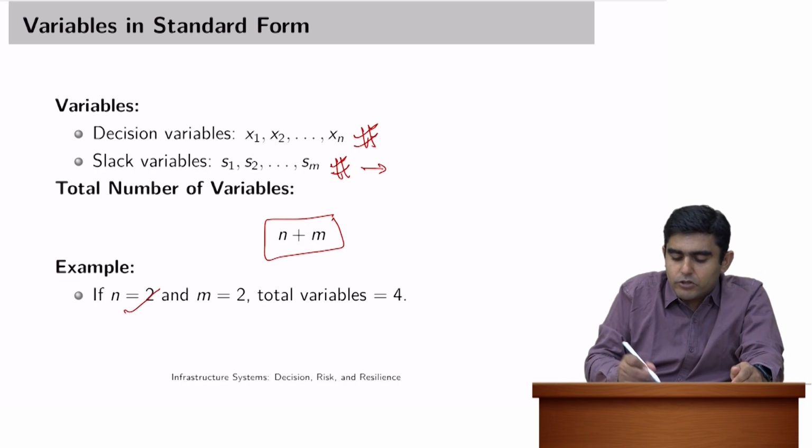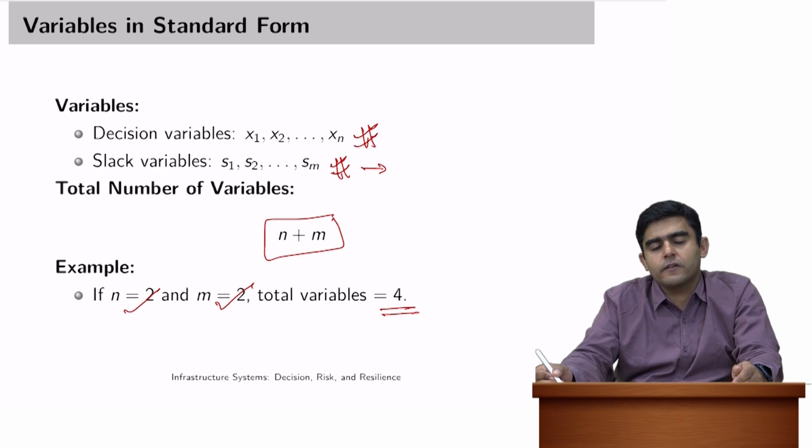So if n is equal to 2 and m is equal to 2, we are looking at a total of 4 variables.